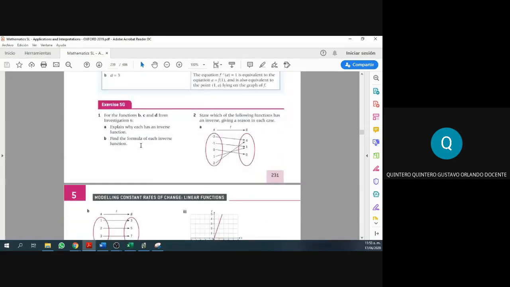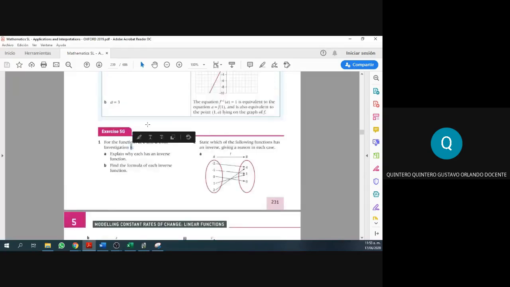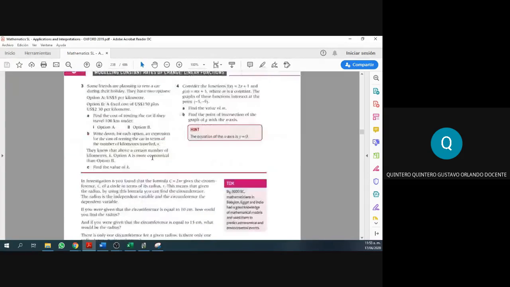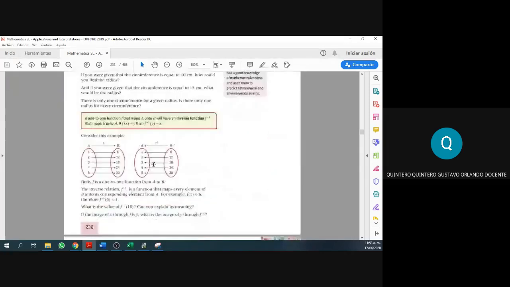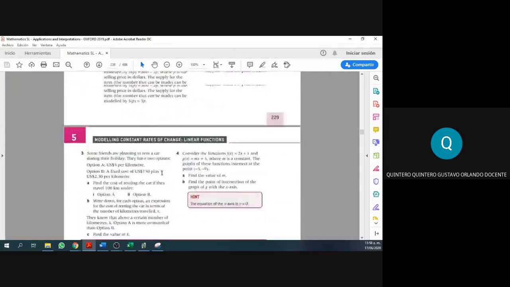All right, the easiest way for me to explain an exercise is to jump into one of the exercises. And if there's something new that we have to teach, we will teach it from there. So for functions B, C, and D from investigation 6, let's go back to investigation 6.